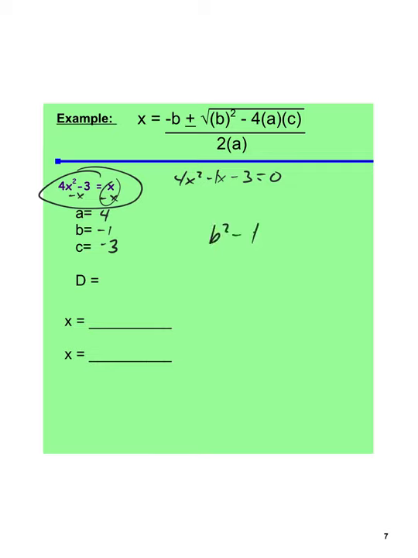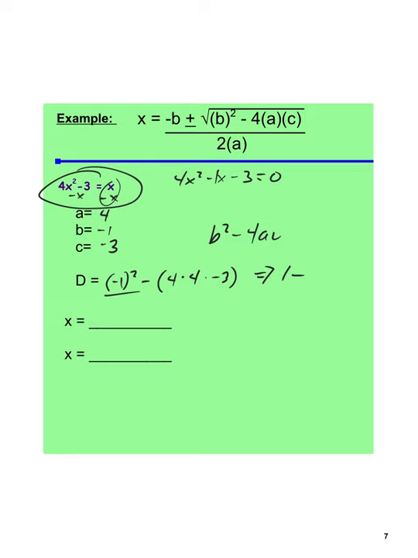So for the discriminant of b squared minus 4ac, that would give us -1 squared minus, and then 4 times a, which is 4, times c, which is -3. Well, that is the equivalent of 1 minus, again, -1 squared is 1.